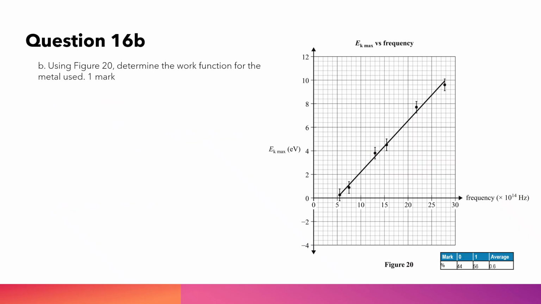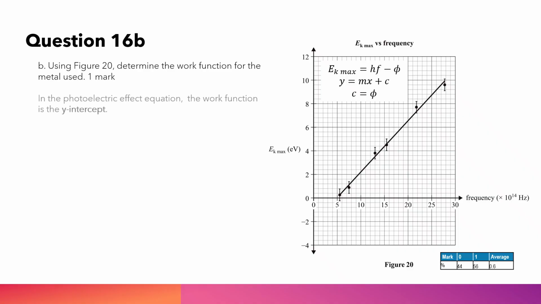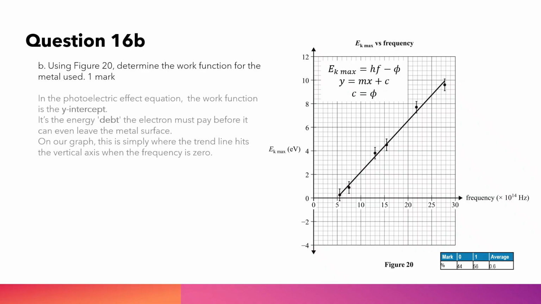The concept. In the photoelectric effect equation, the work function is the y-intercept. It's the energy debt the electron must pay before it can even leave the metal surface. On our graph, this is simply where the trend line hits the vertical axis when the frequency is 0. The action. Look at Figure 20.